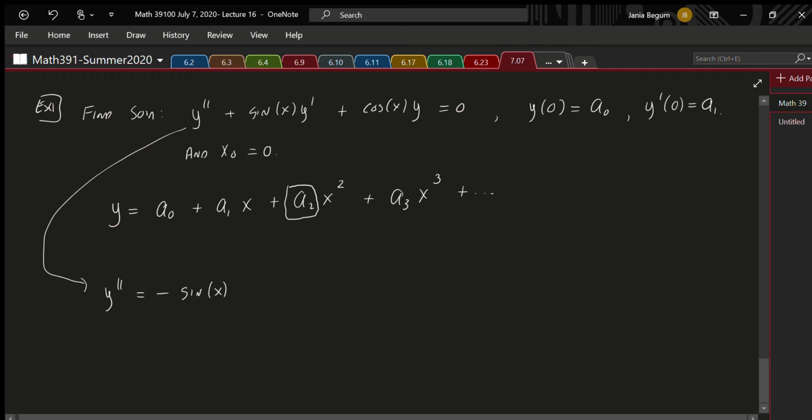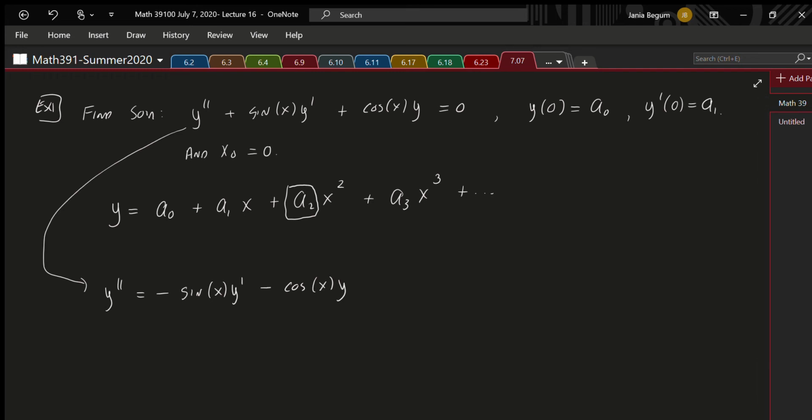I'm going to solve for y double prime by subtracting sine x times y prime minus cosine x times y. That's going to give me the second derivative, and then I have to divide by 2 factorial to get the actual a2.